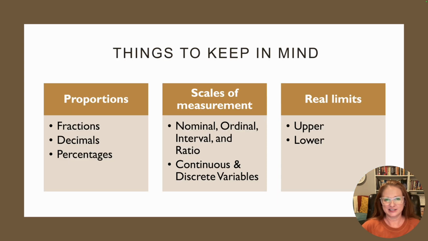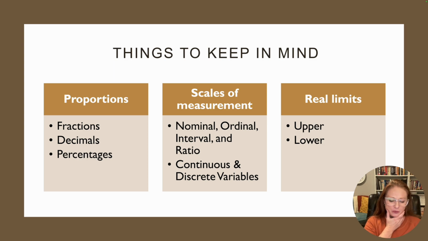Things to keep in mind. So in the previous lecture, we talked a lot about scales of measurement. So think back to nominal, ordinal, interval, ratio. Also really keep in mind concepts like continuous and discrete variables. And then also that idea of real limits, right? So numbers having things like upper real limits and lower real limits.